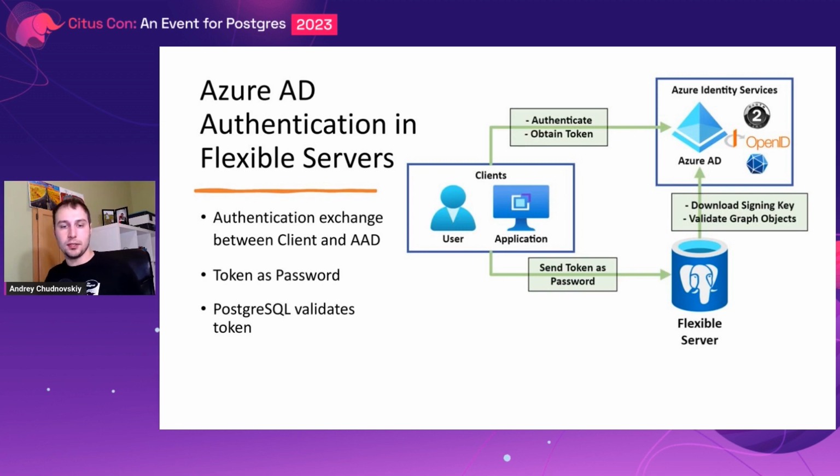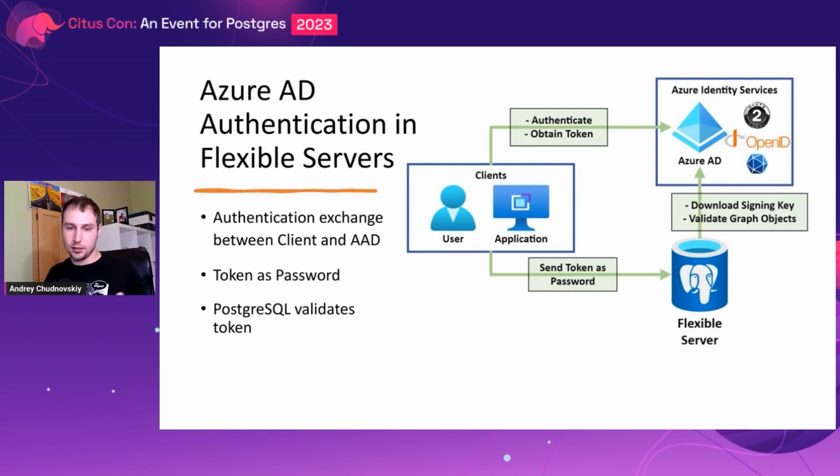After getting the token, the application or a client sends this token to the flexible server, where we run an extension to validate that token. For validation, we use the public key of Azure Active Directory to validate the signature.